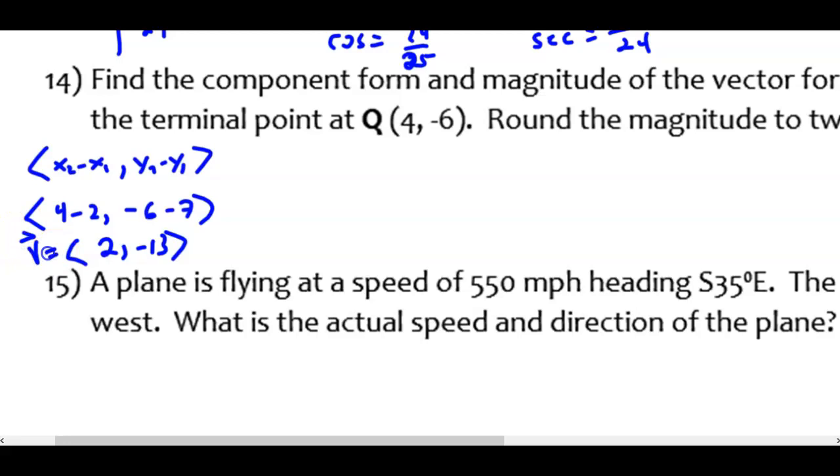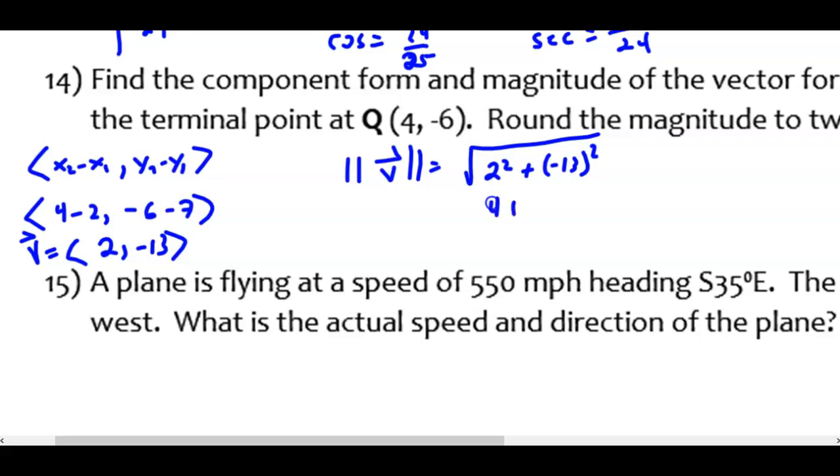Now, it says find the magnitude. To find the magnitude of vector v, it is the square root of v1 squared plus v2 squared.